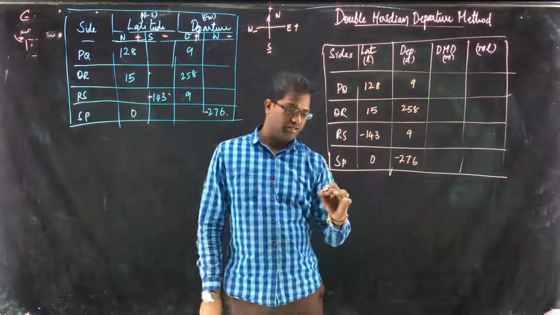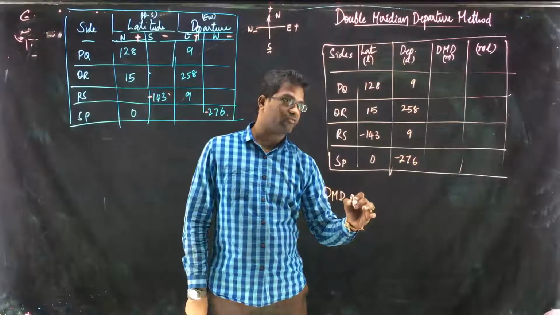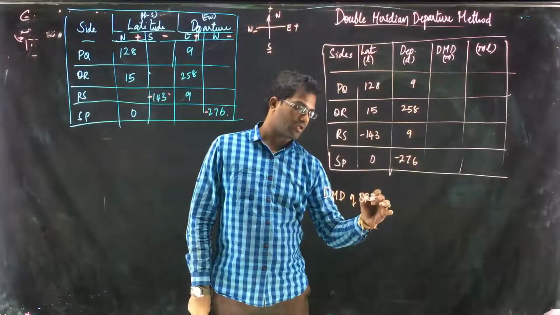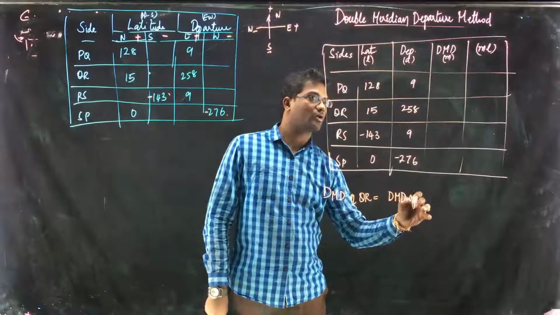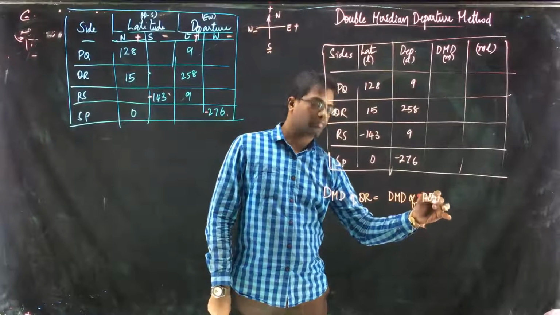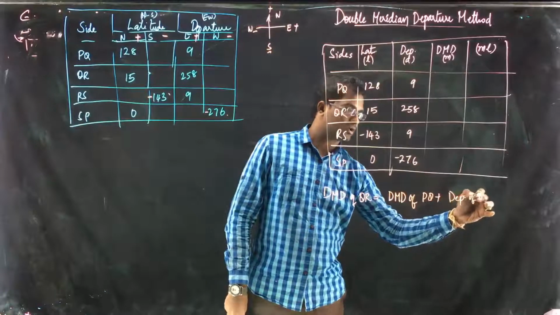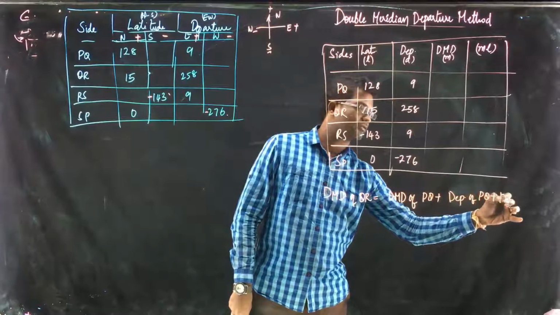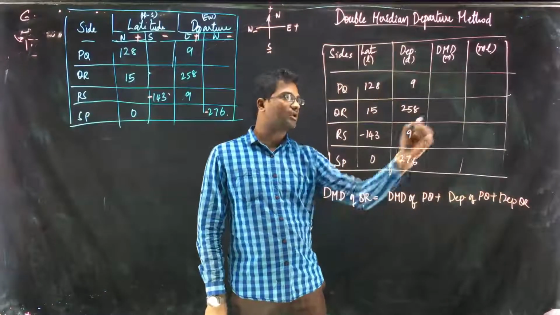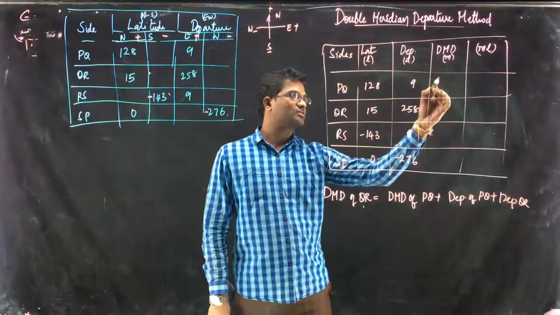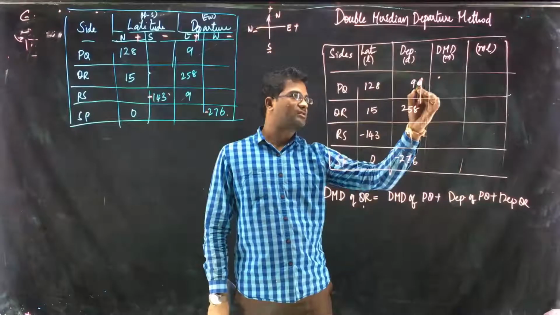The double meridian departure, if I want to calculate it for QR, is given as the double meridian departure of PQ plus the departure of PQ plus the departure of QR. So you need to add all of them.